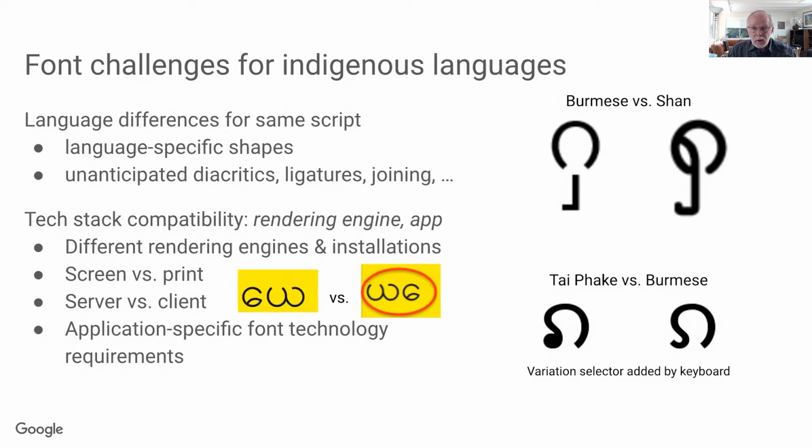ATypI uses the Myanmar script, but they require that the characters have this large dot, which appears on this character at the lower left of the character. But the Burmese rendering does not have that. So the variation selector technology needs to be supported by the rendering engine and the application.